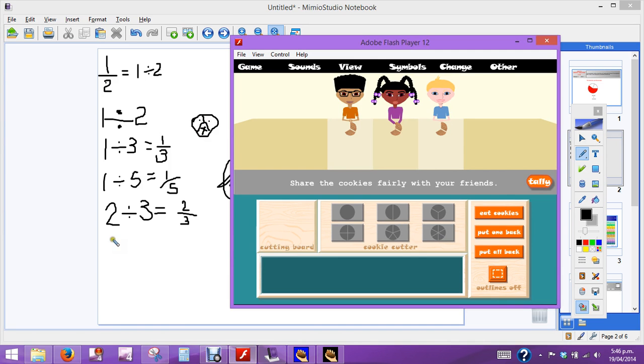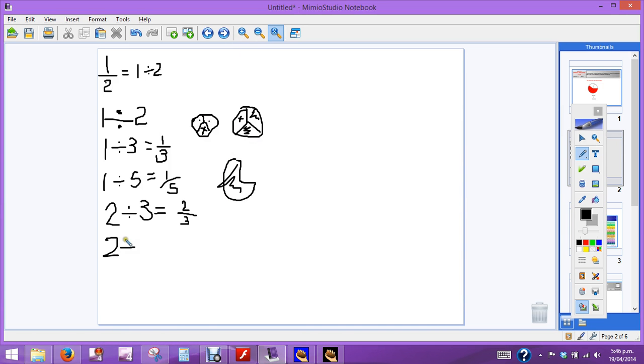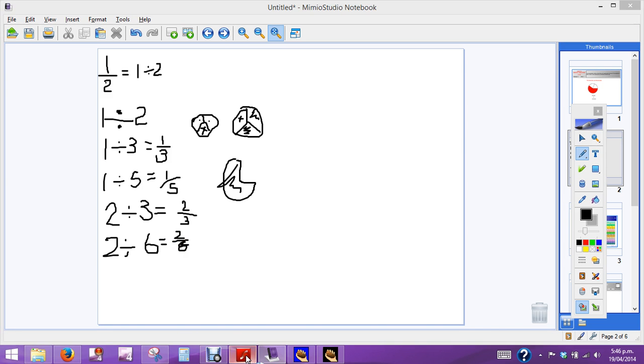2 divided by 6. So I'm sharing 2 wholes 6 ways, 6 mates. So that should give me 2/6 each. What does that look like? It's 2 out of 6.